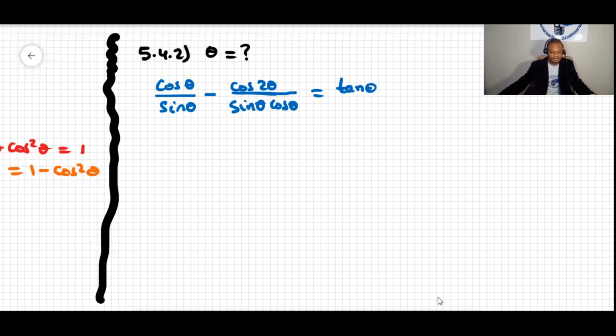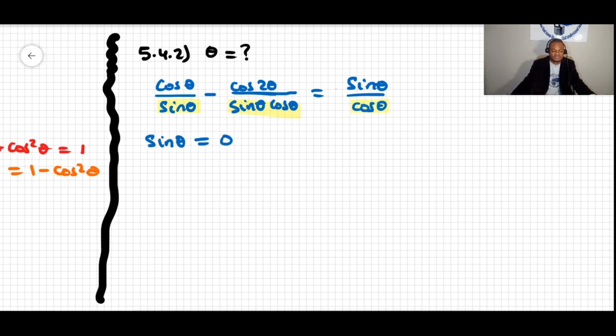Then the identity will be undefined if the value at the denominator here is equal to 0. Even for tan theta, we need to understand that tan theta can be substituted with sine over cos. It's sine theta over cos theta. So this will be undefined if the denominator here is 0.